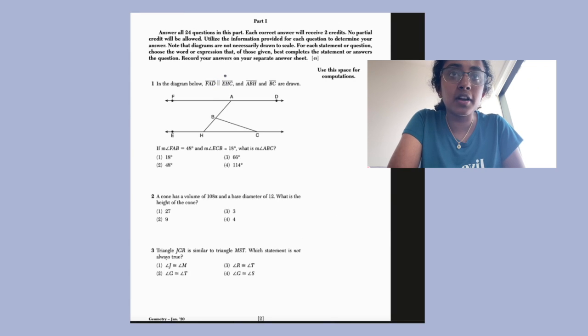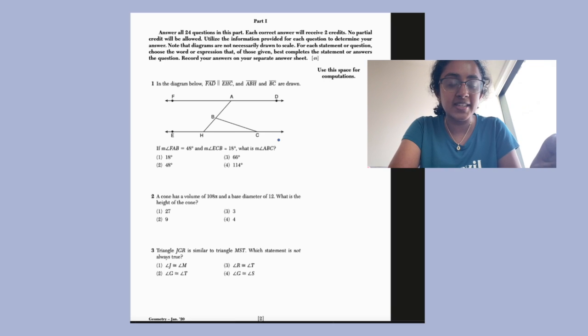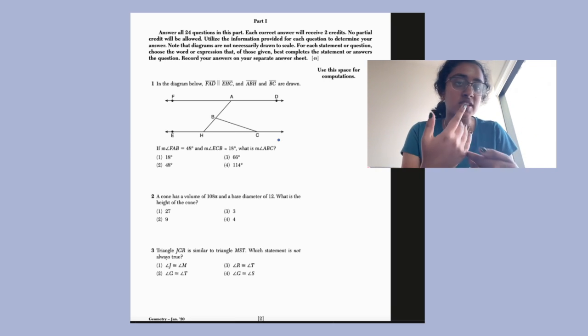In this diagram below, FAD is parallel to EHC, and ABH and BC are drawn. Also, just letting you guys know, I've not seen any of these questions myself, so this is my first time looking at it, just like what an actual Regents exam would be.